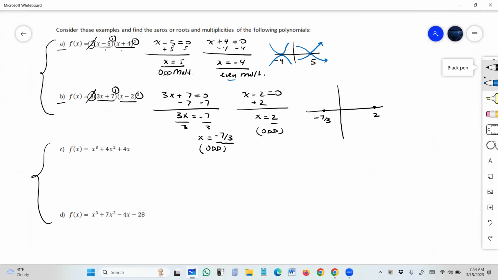And in both cases, it's an odd multiplicity, so the graph is going to cross. We don't know in which direction yet, but it's going to cross at the root.